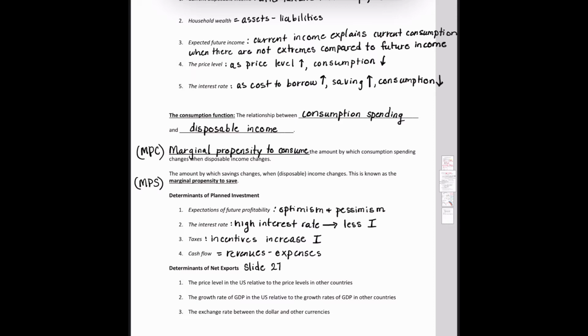Finally, as interest rates fluctuate, you will also see changes in the consumption of those goods. We talked about that just a little bit when we talked about the interest rate.